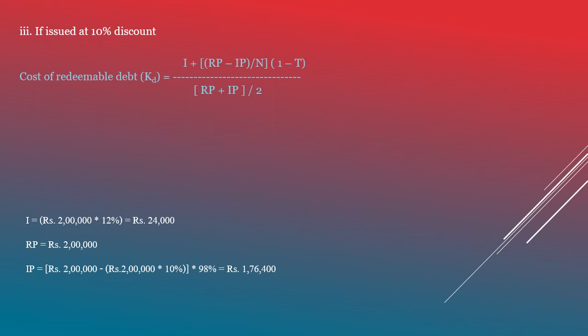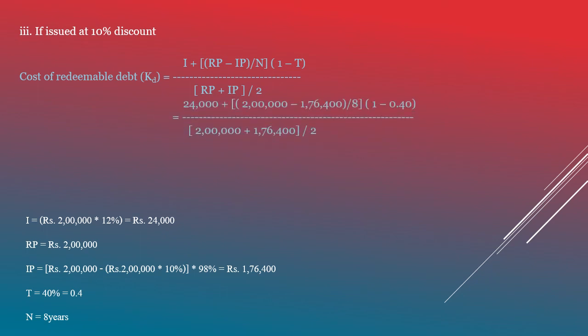So we will deduct 10% from 2 lakh, and flotation cost is 2%, meaning the underwriting commission is 2%. So we will multiply this with 98%, and the answer for IP is 1,76,400. The next one is T. T is 40%, that is 0.4, and N is 8 years.